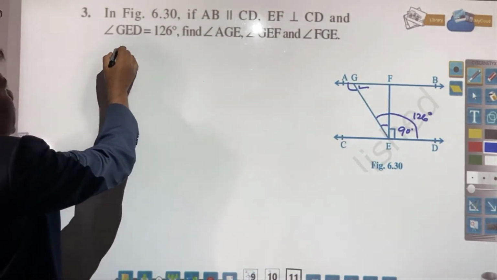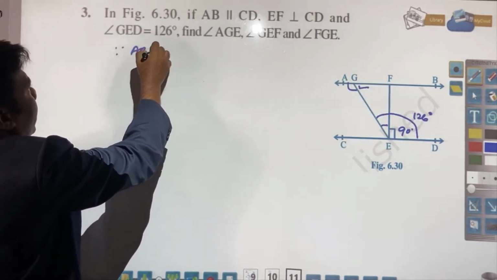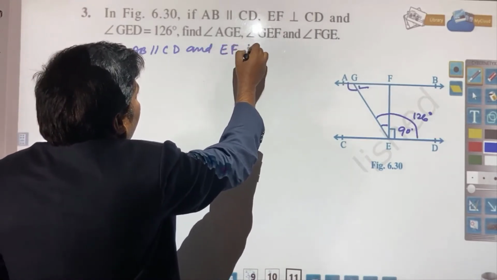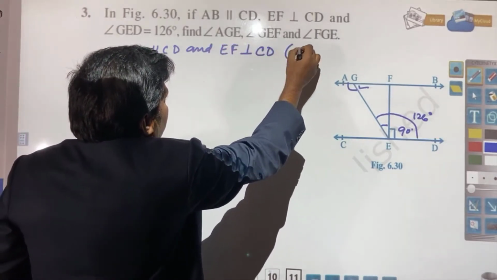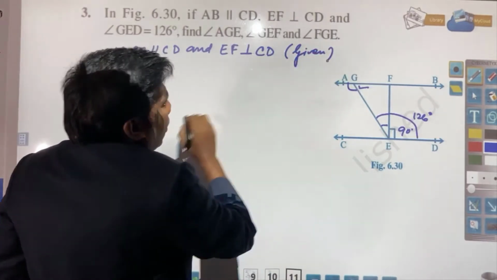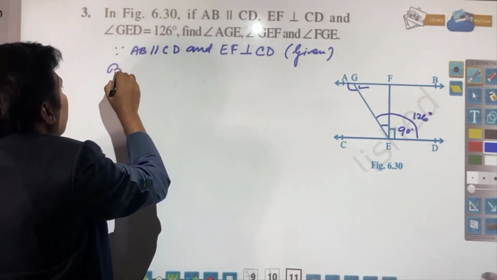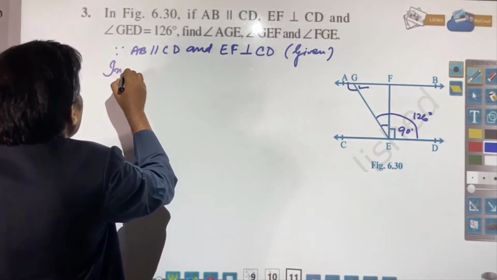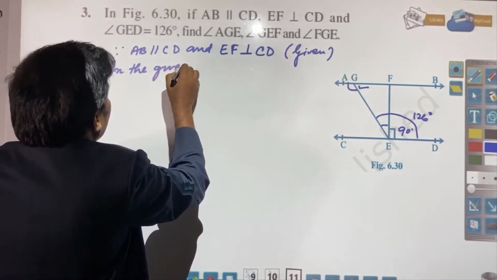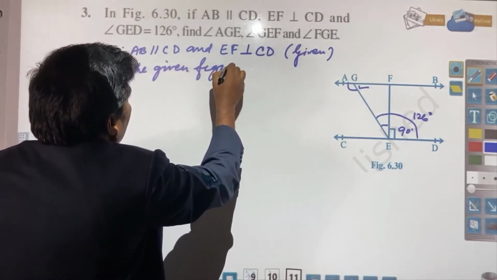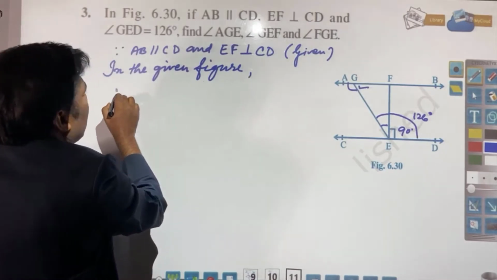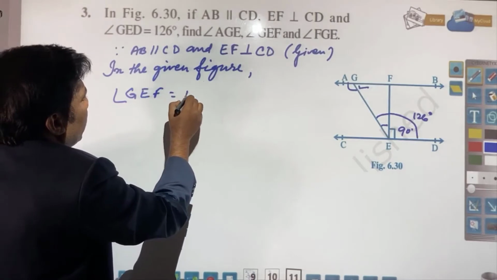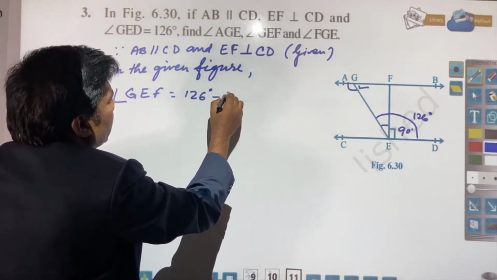So here you will write, since AB is parallel to CD and EF is perpendicular on CD, that is given in the given figure, angle GEF will be equal to 126 degree minus 90 degree.